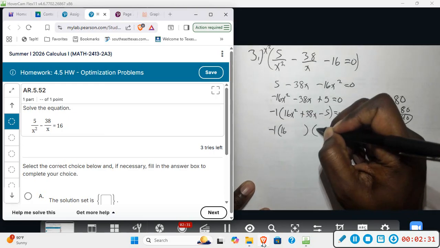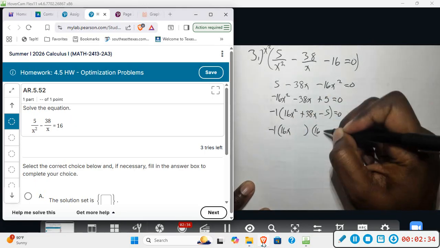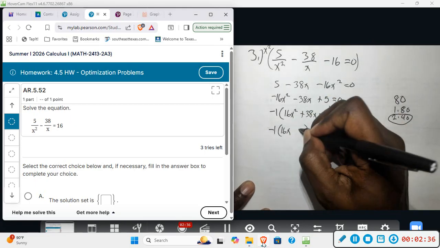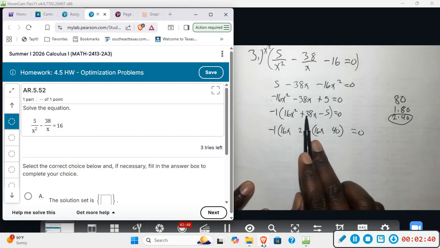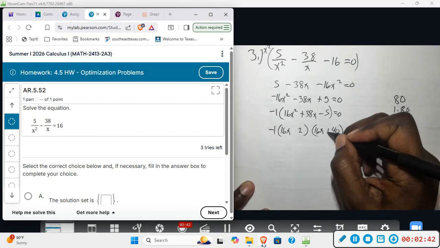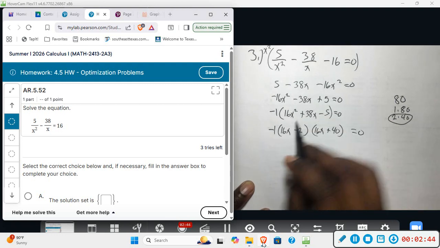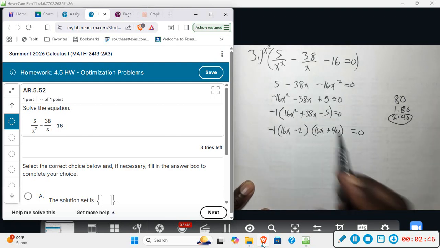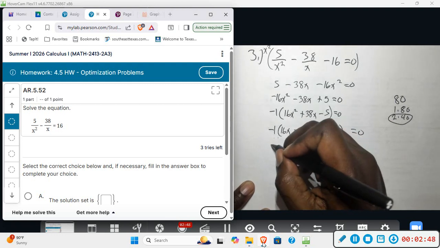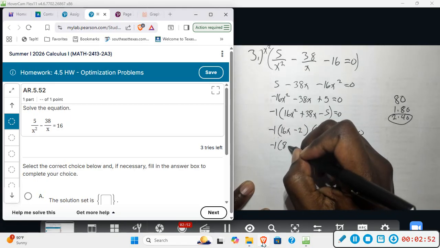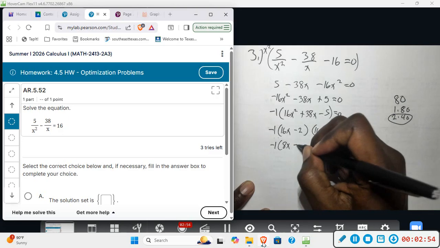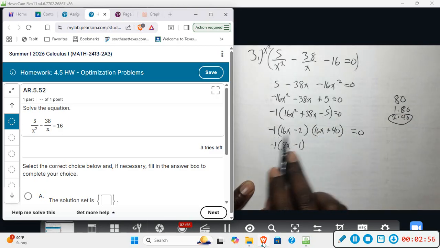Again, I'm going to put 16 in both, split up the x, add the numbers 2 and 40. We want a positive 38, so this needs to be positive, and this will be negative, different signs. And then we'll reduce. Divide by 2, this will give me 8x minus 1, when you divide both of those by 2.